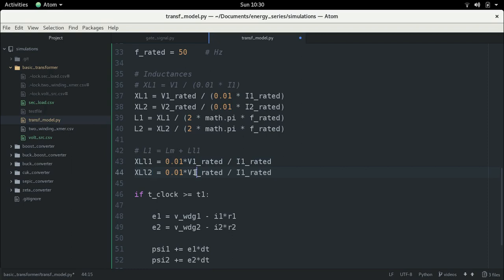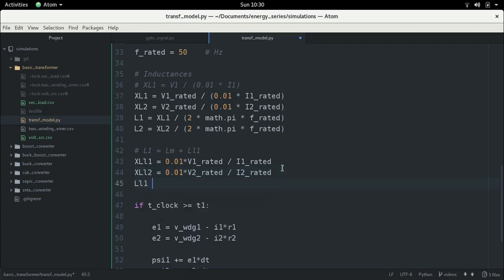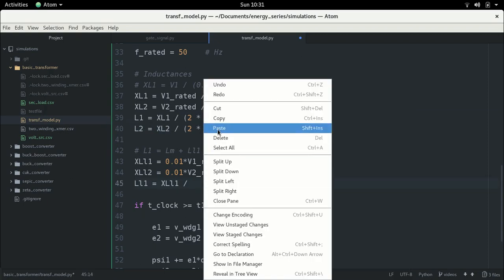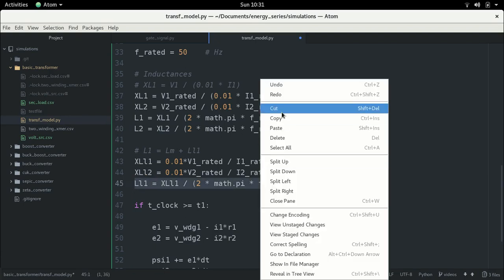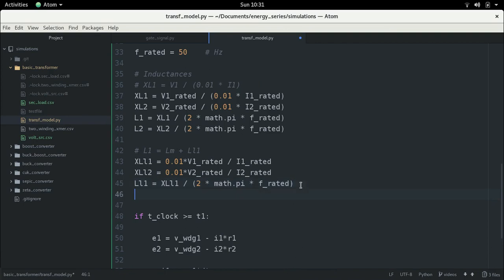So I'm just going to copy, change the variables, I2 rated. And now that we have this, we can just define LL1 is equal to XLL1 divided by 2 pi F rated. Copy this and paste it here, and I'm just going to copy this whole thing and paste it here.